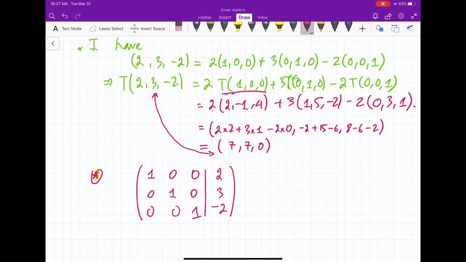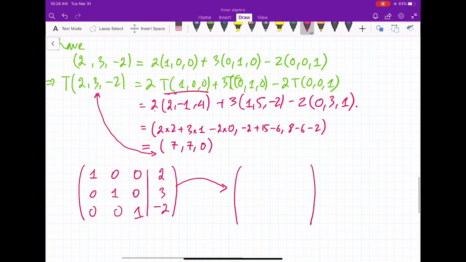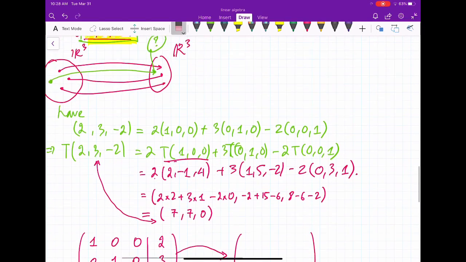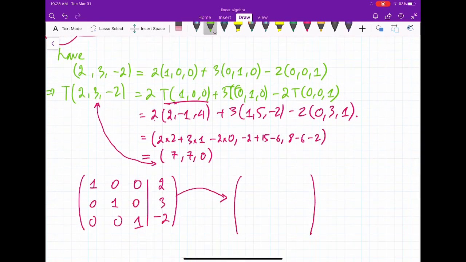Once I solve this, I just need to apply the images of those vectors to the solutions of this system.